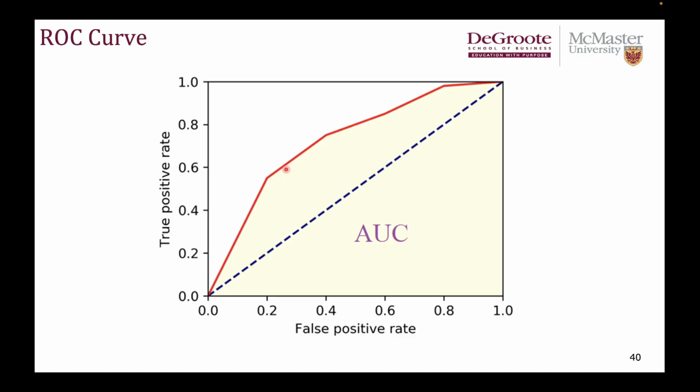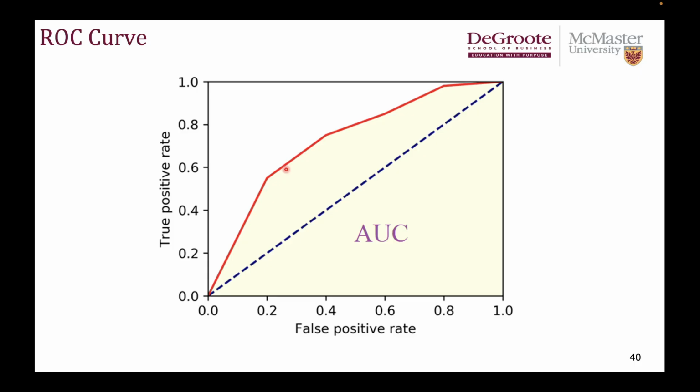And then by default, we use 50% as the threshold. So if the chance of being positive exceeds 50%, we predict 1. Otherwise, we predict 0. But of course, you can totally adjust the threshold level. You can use the threshold level of 20%, 30%, 40%, 50%, or any percentage value.